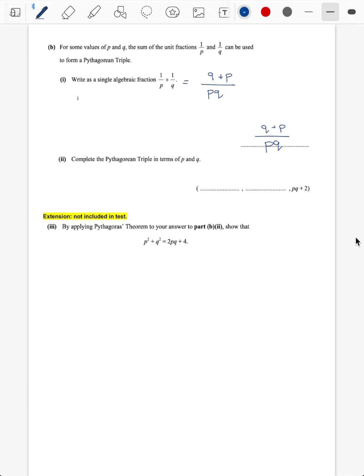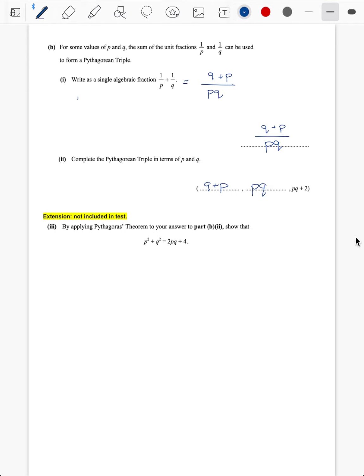Now, what's it going to be then? So now these numbers, top and bottom, formed part of my Pythagorean triple, and they were just these two numbers on the numerator and the denominator. So my numerator is q plus p, and then I've got pq. Now interestingly, we've been given this pq plus 2.